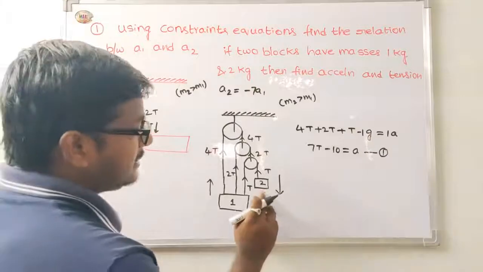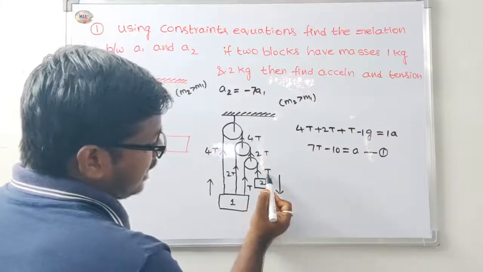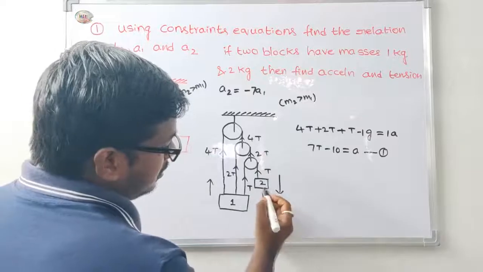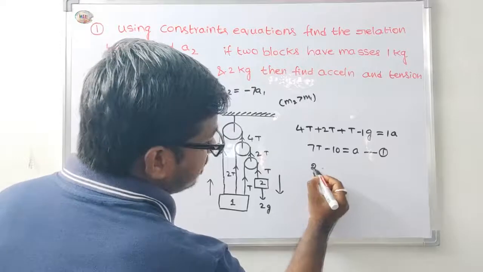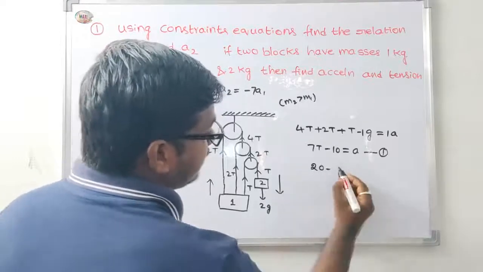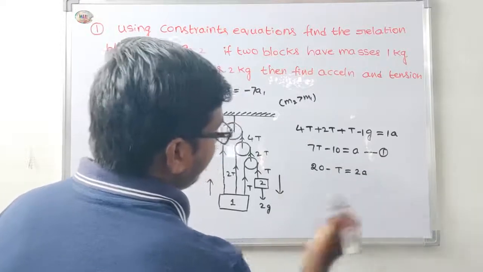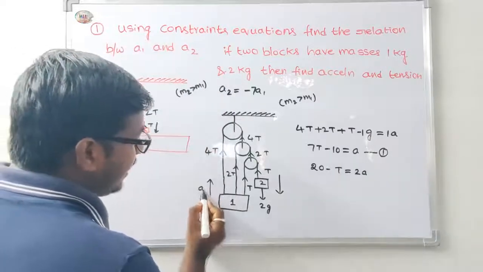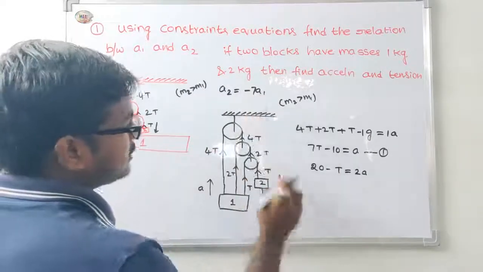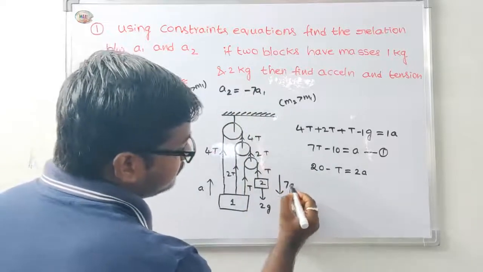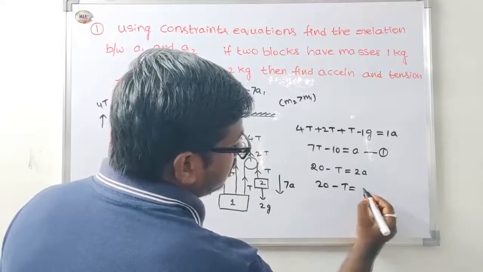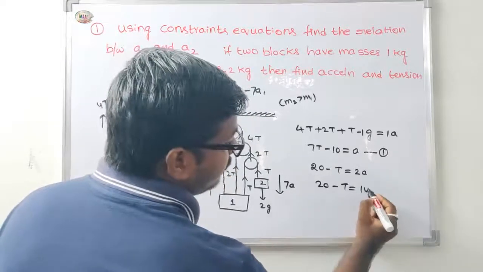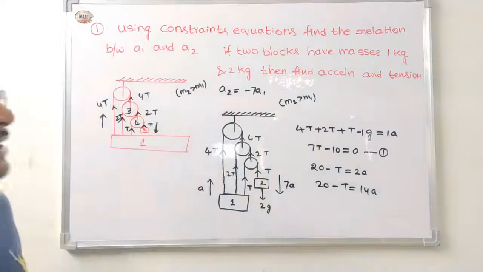Next, take the second block. The tension acts in the upward direction and mg acts downward: 2 into g, that is 20. So 20 minus T is equal to 2a. Here a2 is equal to 7a, so 20 minus T is equal to 2 into 7a, which is 14a.